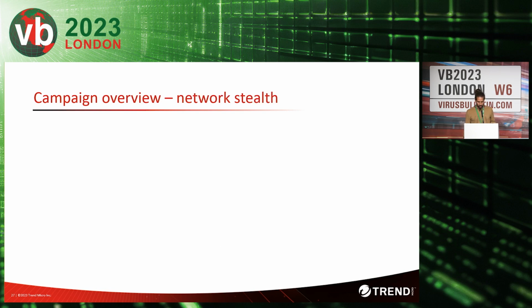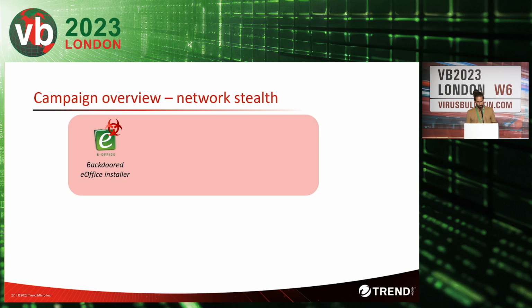An interesting trick that we found in this campaign was related to network stealth. In the malicious scenario with the backdoored e-office installer, we mentioned that it will drop the ShadowPad malware, and this ShadowPad malware connected to this local IP address. As we extracted the ShadowPad malware, we had the payload and the configuration, and we could check the configuration.